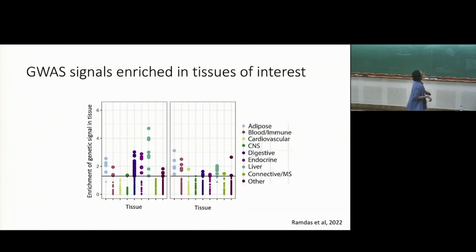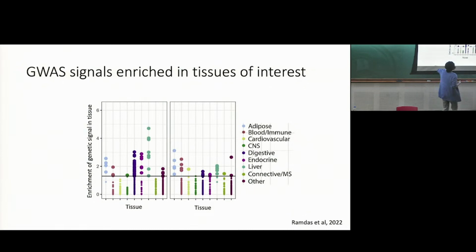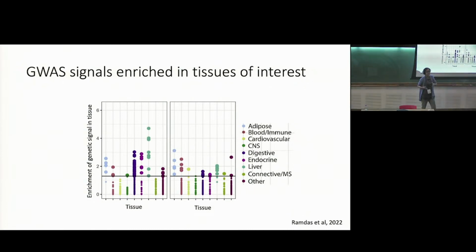Another thing we see is that your GWAS signals tend to be enriched in tissues of interest. If I pick a gene that's close to my GWAS signal, these are the GWAS signals for lipid levels, and on the y-axis is the enrichment of this GWAS signal in genes that are expressed in a given tissue.